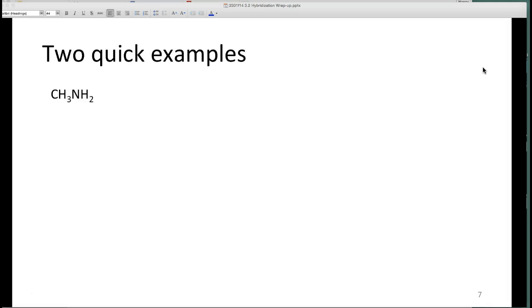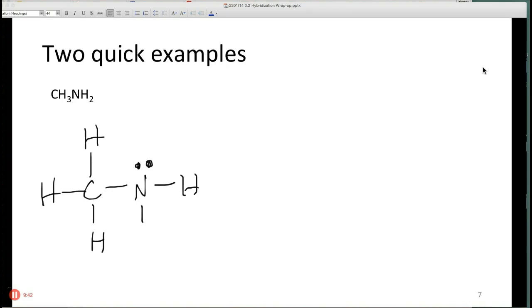First one, this is methylamine, and if we redraw this guy in its full Lewis structure, we know it is C, H, H, H, N, lone pair, H, H. Now, what I'm interested in is: what's the hybridization of the carbon? What's the hybridization of the nitrogen? Okay, carbon, 4 bonds around it.